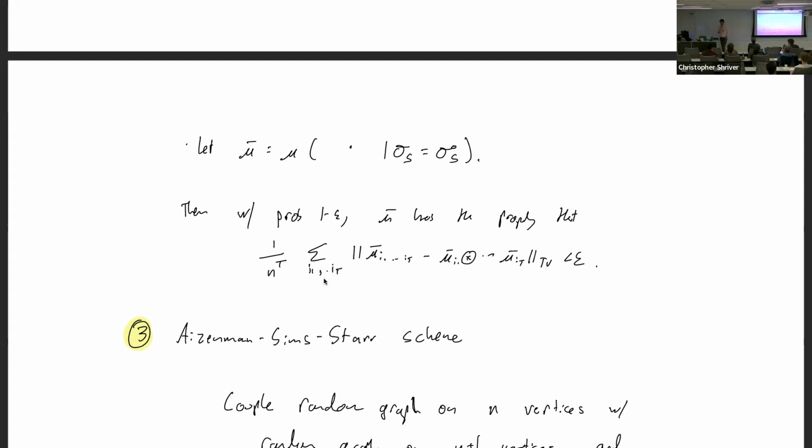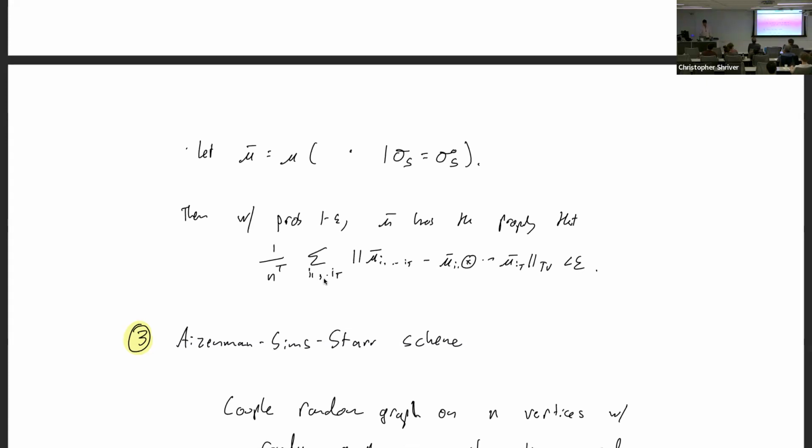So this is some extremely weak but very general correlation decay property. It says that if you average over all tuples of the graph, you don't have correlation. But that's true for any probability measure, which is kind of cool.